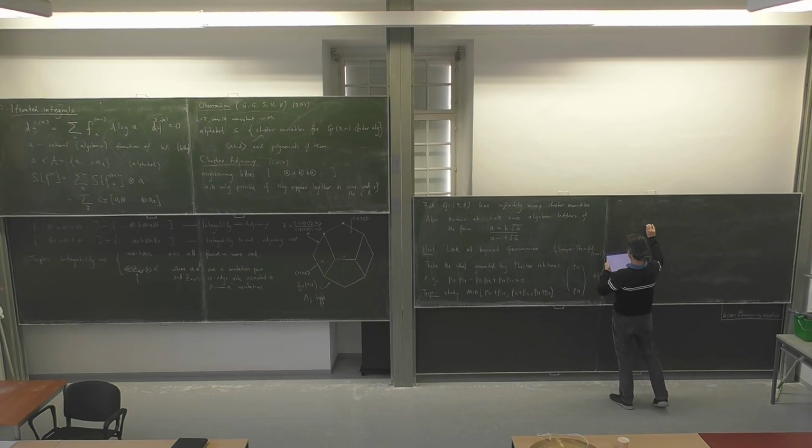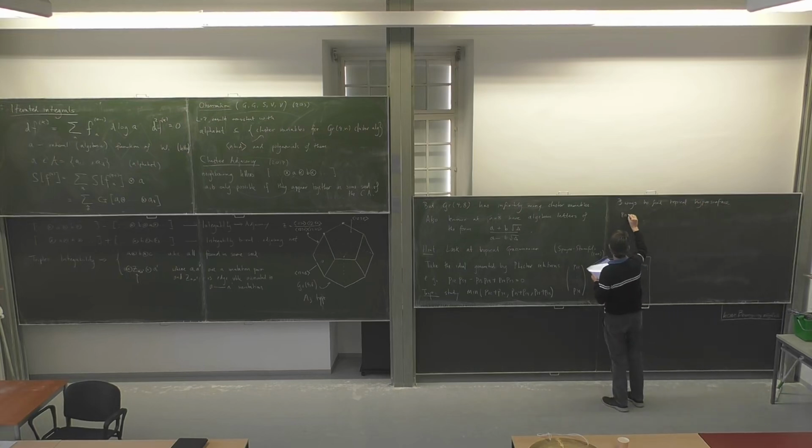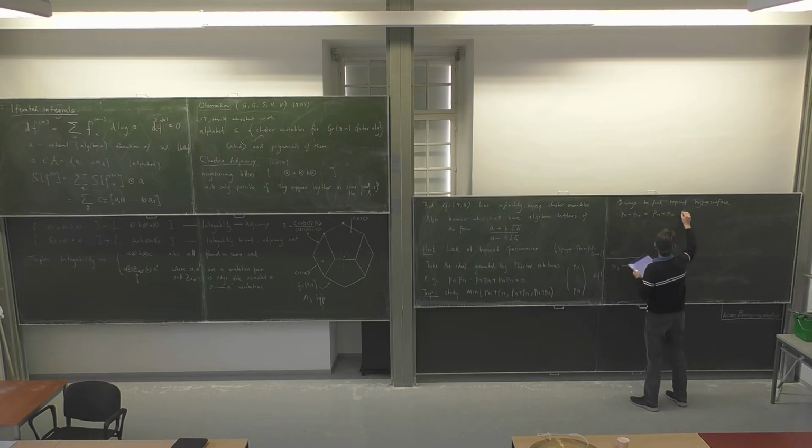Okay, so how do we do that? We've got three possible ways of doing this. We have three ways to find the tropical hypersurface. This means these junctions between the regions. We could have P12 plus P34 equals P13 plus P24, both less than or equal to P14 plus P23.